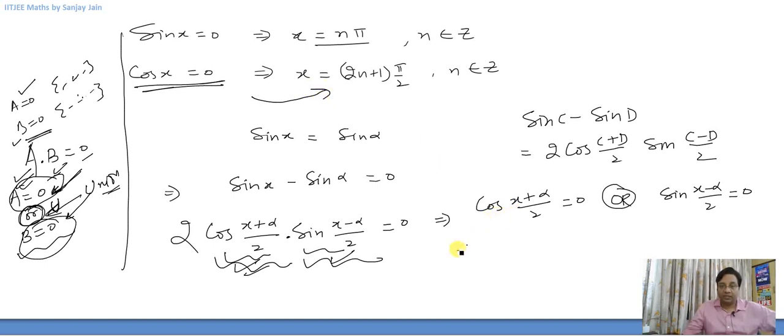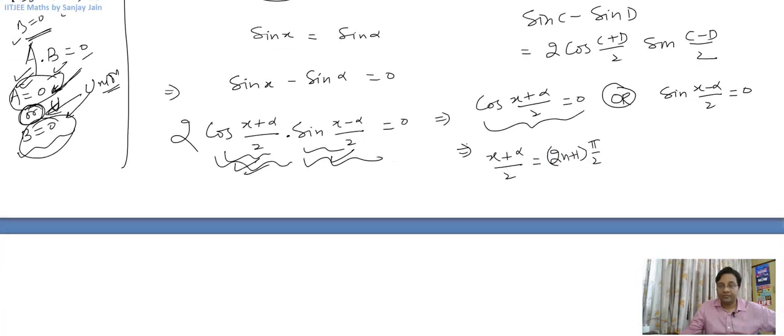So here x plus alpha by 2 should be an odd multiple of pi by 2, right? I can cancel this 2 here, and x is equal to an odd multiple of pi minus alpha.